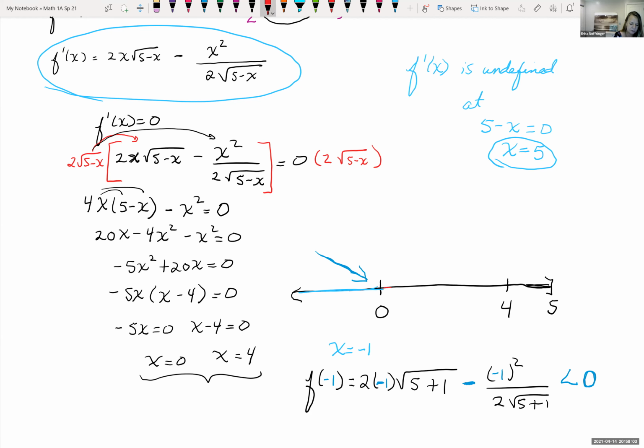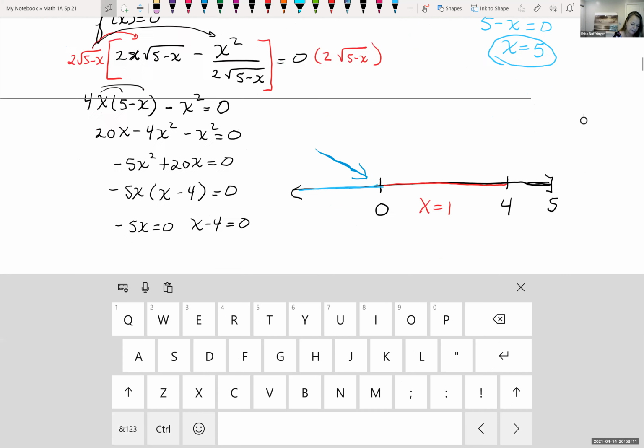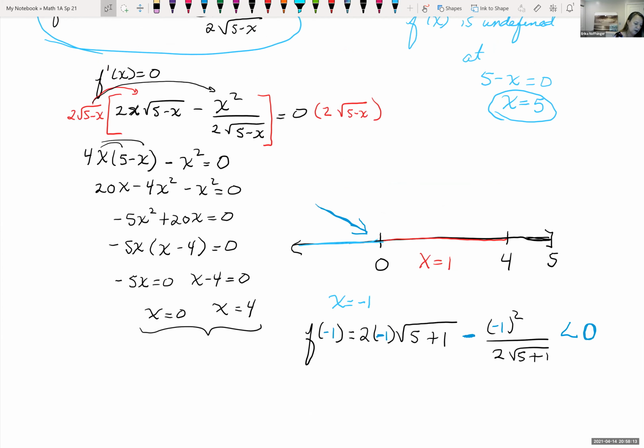So choose any number between 0 and 4. So how about x equals 1? Again, we want to plug this into the derivative. So we're going to look at f prime of 1. Should be the derivative.